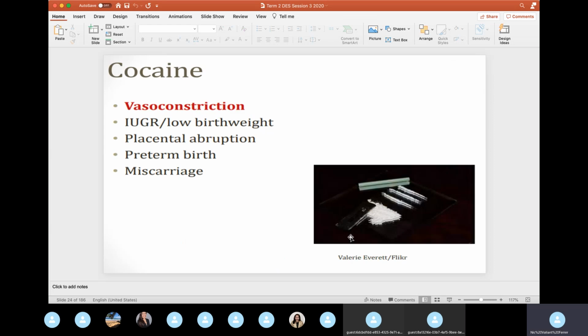What's worse than a pregnant mother who drank alcohol, who smokes? A pregnant mother who uses cocaine. Remember cocaine? It induces vasoconstriction. Let's go back to term 1. What is the mechanism of action of cocaine? Anyone?